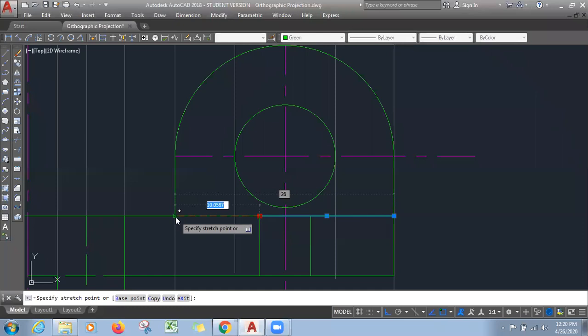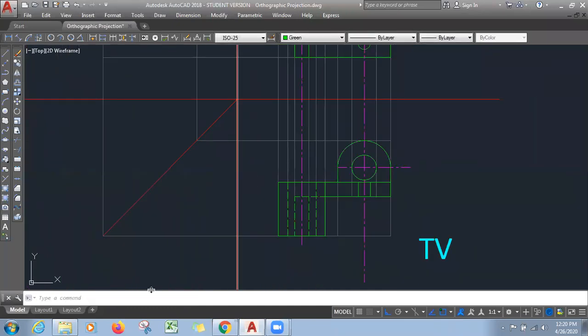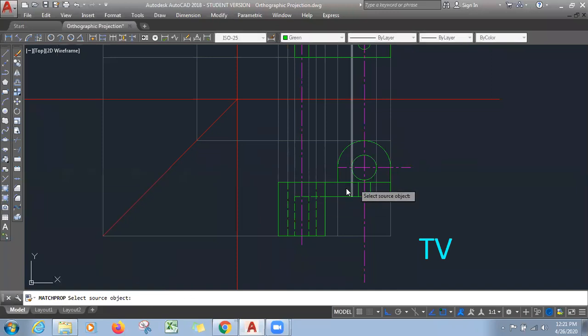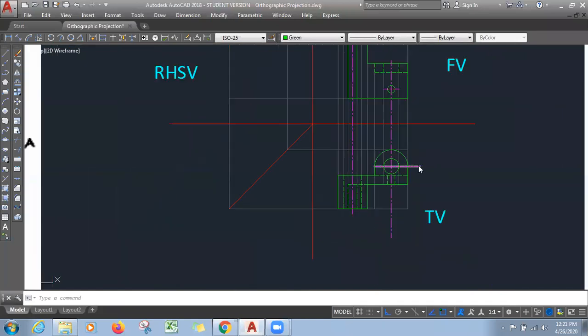Up to this level. So this whole part can be shown by a dotted line. So again, you can match properties. This is my source object. This thing is dotted, and this is also a dotted line. How does this dotted come?